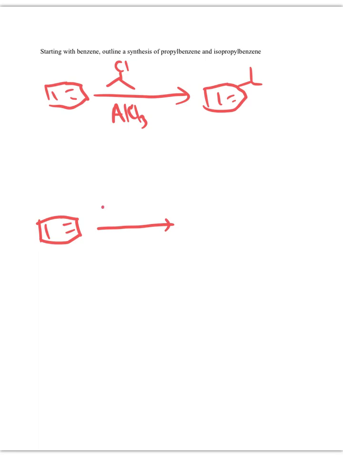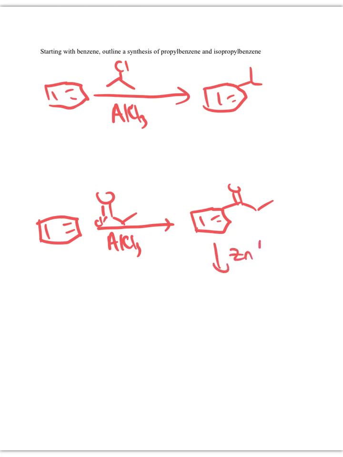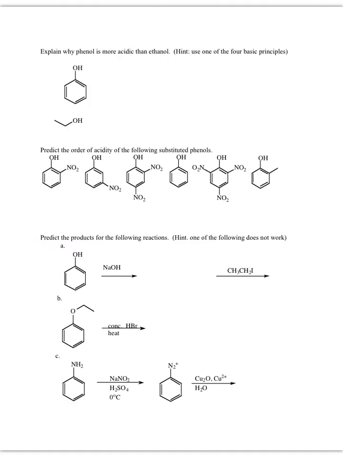The first step, we have to do the acylation to make the ketone, reduce the ketone with zinc, mercury, and HCl, and then we have propyl benzene. This is the only way we can make the straight chain. Don't do it any other way. It's wrong if you do it any other way. We have to put the ketone on there and then reduce it to make a straight chain group.